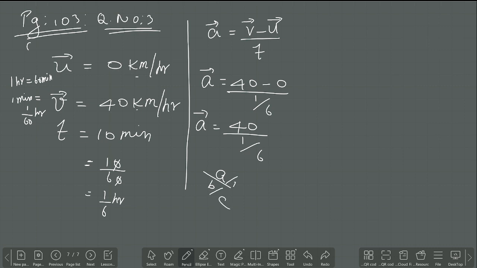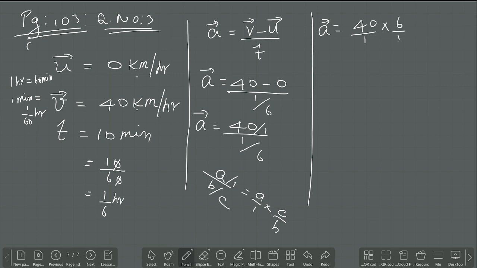What you can do? We can add 1. So a by 1 by b by c it is there. So now we can write this one, a by 1 into c by b. So instead of a, what you are having then? 40. Denominator nothing is there, let us add 1. Instead of b it is 1, and then c. So now we can write this one, 40 by 1 into 6 by 1.